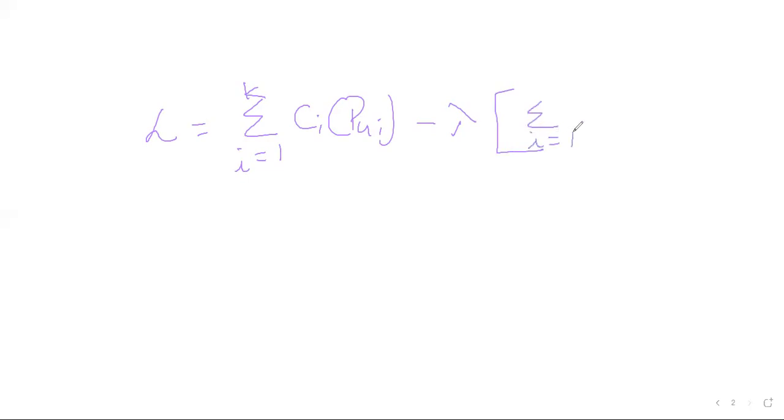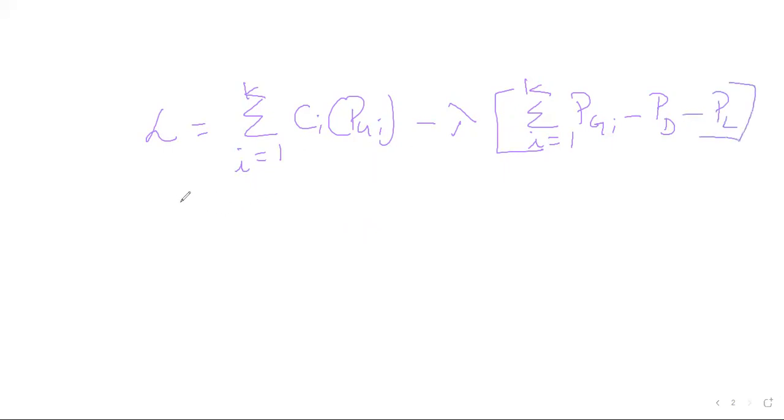Here we define the Lagrangian as the sum over i equal to 1 to K of Ci(Pgi) minus lambda into the equality constraint. What is the equality constraint? Sum over i equal to 1 to K of Pgi minus PD minus PL. Like this, we define the Lagrangian.